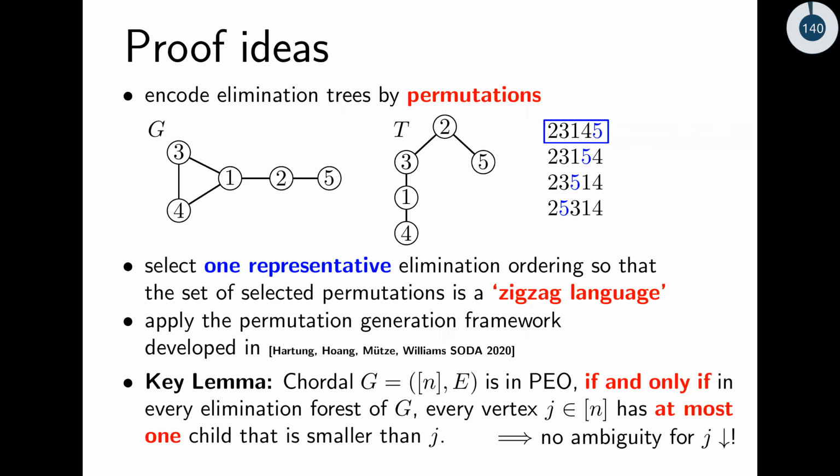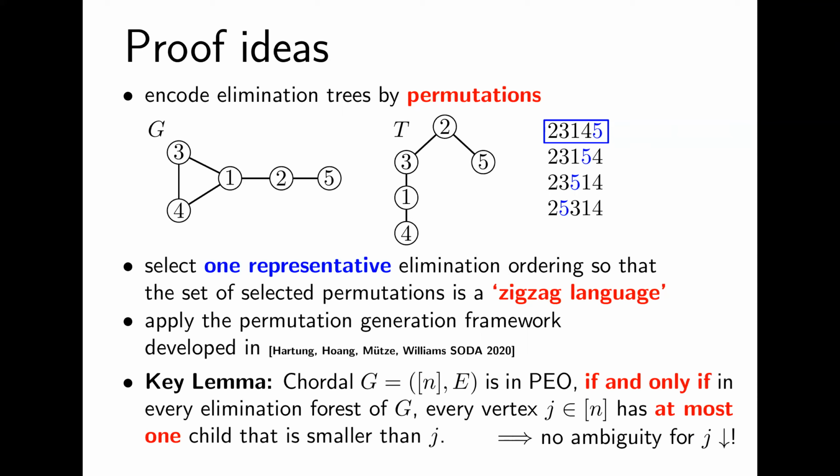This has the consequence that there's never an ambiguity for this J down operation. So if I say J down, and I know that G is causal, then there's never this ambiguity that there are multiple smaller children. There's always at most one, and then I always know what rotation to do, and then the algorithm never stops prematurely.